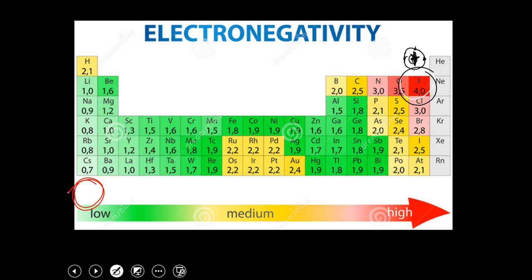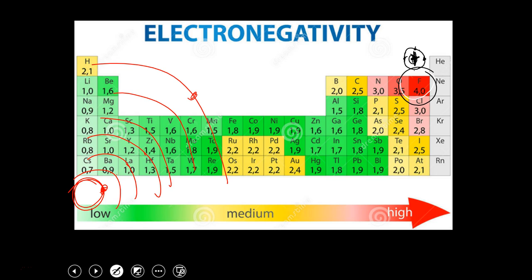So not only does it have one valence electron, it doesn't want to gain any more. It wants to get rid of the one it has, but that one valence electron is located on, let's see, 1, 2, 3, 4, 5, on the 7th floor. So it's really far away from the pull of mama nucleus.